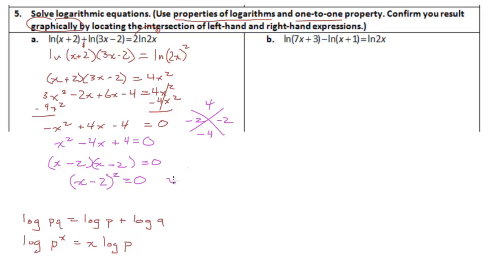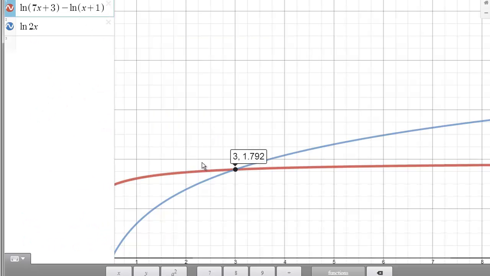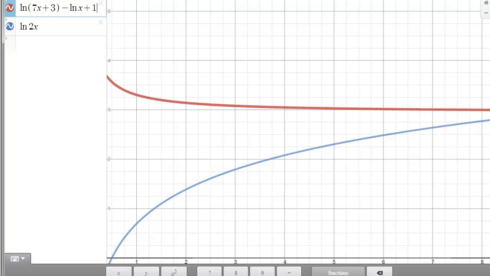And the solution to this is x equals 2. Nice even numbers, sounds promising. So let's go to a graphing application, the Desmos grapher.